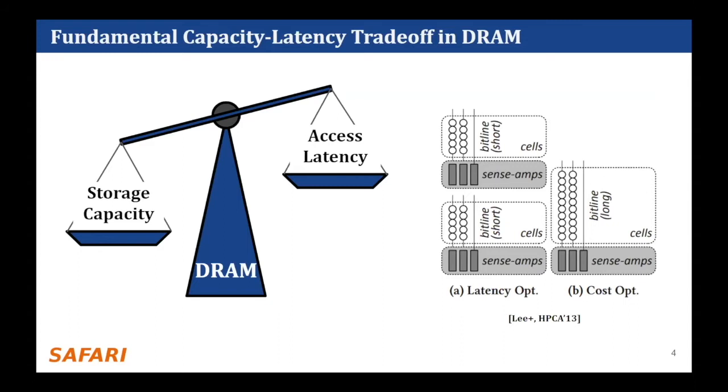As a result, this creates long data paths like the bit lines, which contribute a lot to the long access latency. On the other hand, if we want to reduce access latency, we need to have fewer cells share the expensive peripheral circuitry like the sense amplifier. This means that we have to put in more area-consuming peripheral circuitry, which in turn reduces the area where we can place the DRAM cells.